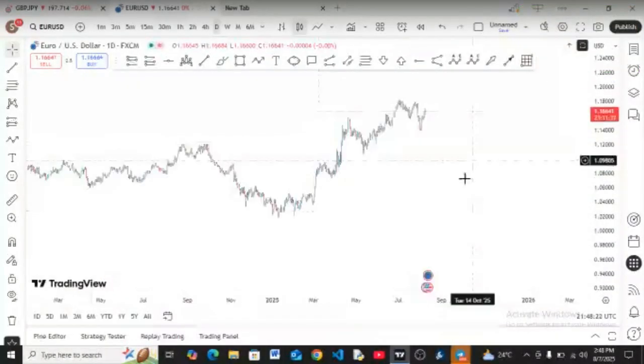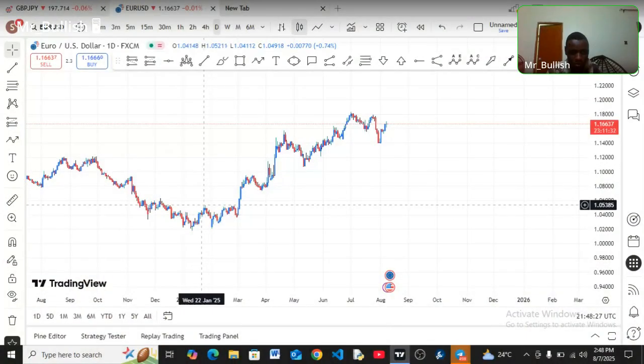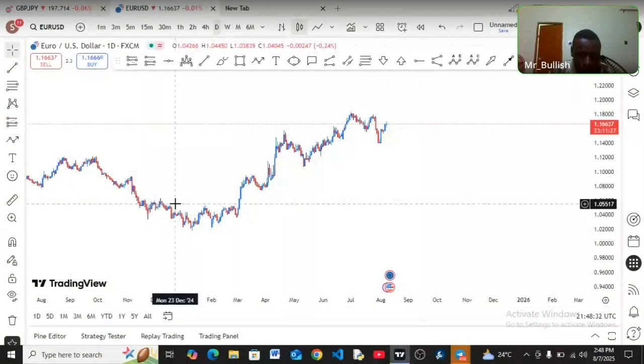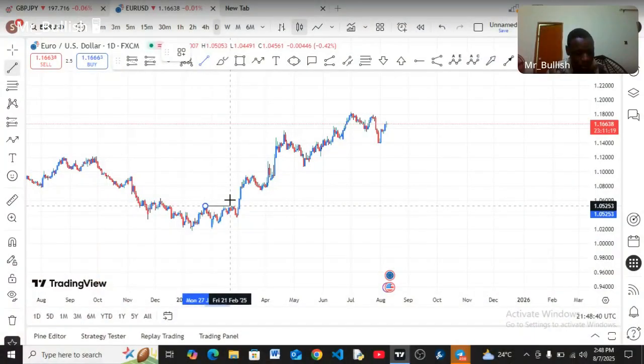Pay attention. From this particular point, the market came here, did this, and what happened? Let's say here is our change of character. You already know it's a change of character, I don't want to write it.